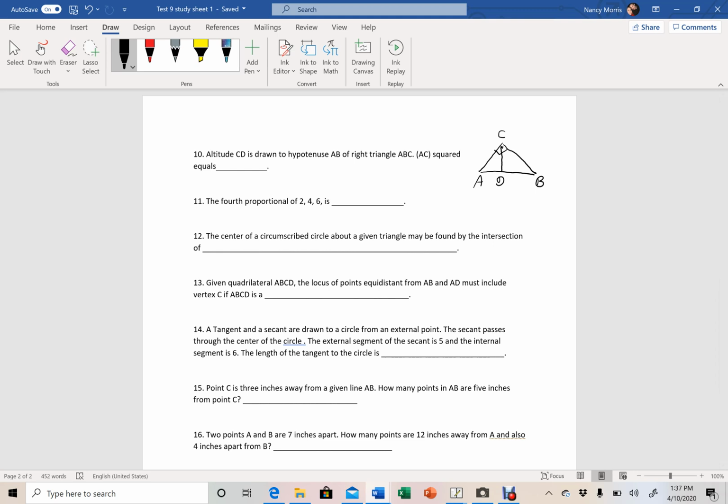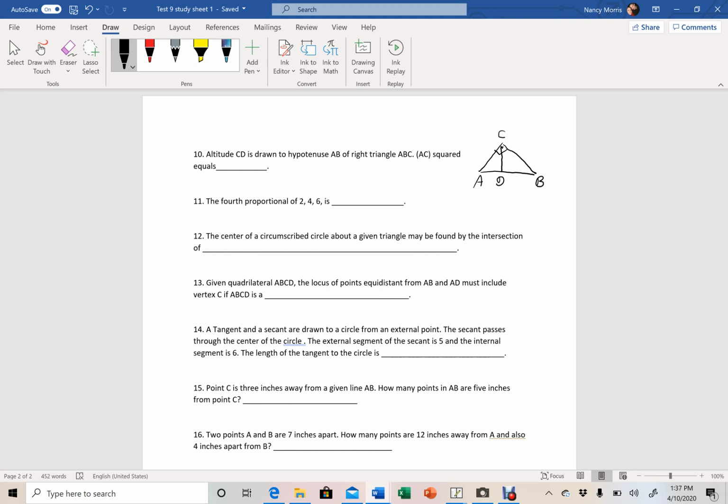Number 10, fill in the blanks. Altitude CD is drawn to hypotenuse AB of right triangle ABC. AC squared equals what? Okay, AC squared equals what? Now, we're not talking about actual numbers here, okay?